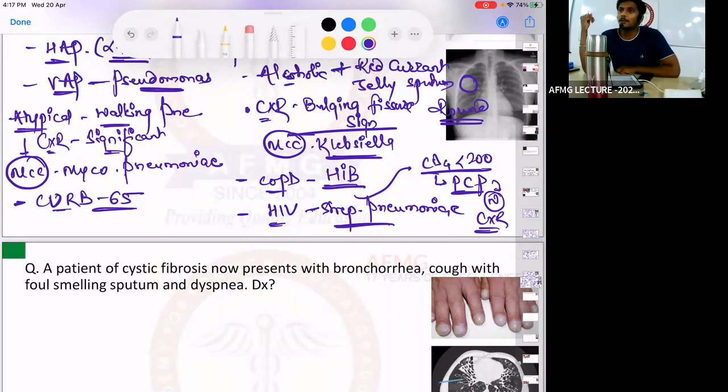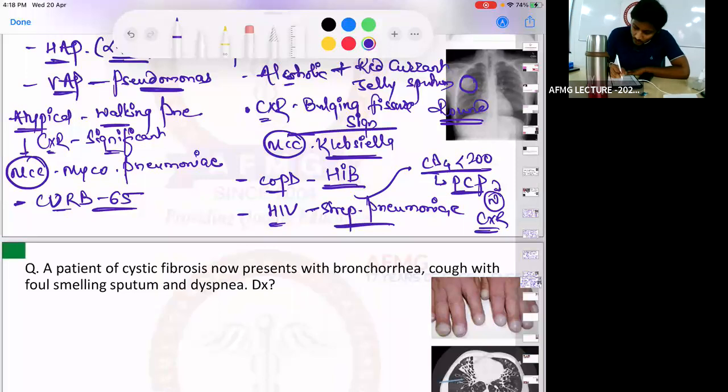Then B for blood pressure, low blood pressure, less than 90/60, and 65 means the patient is more than or equal to 65 years. Each has 1 point, so total are 5 points with us.